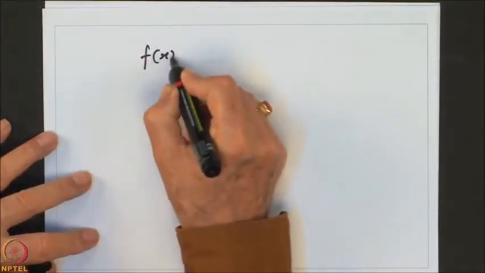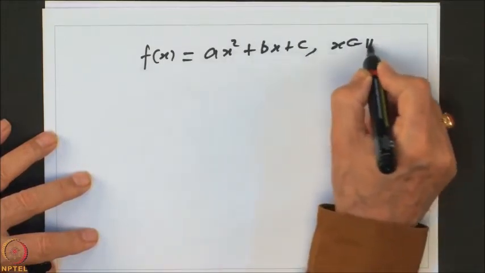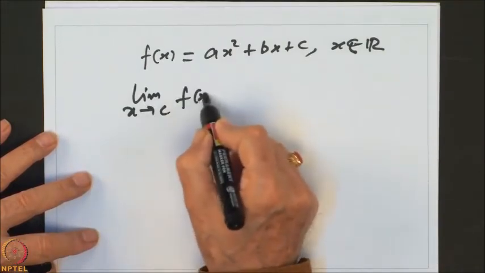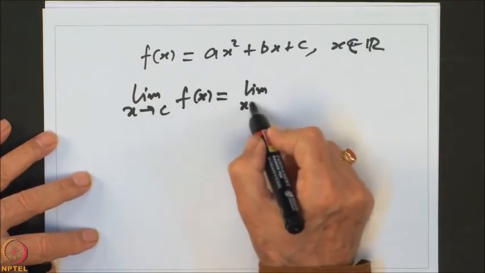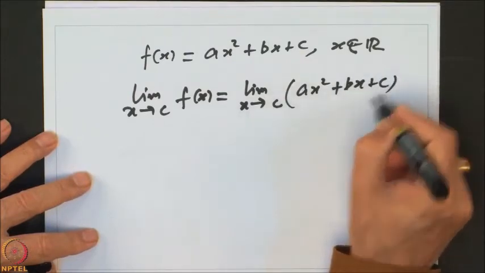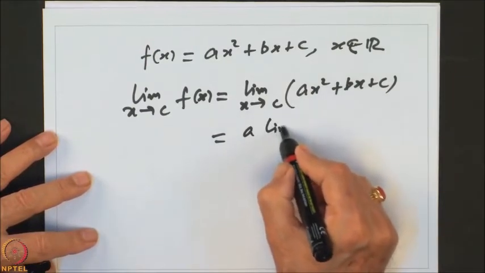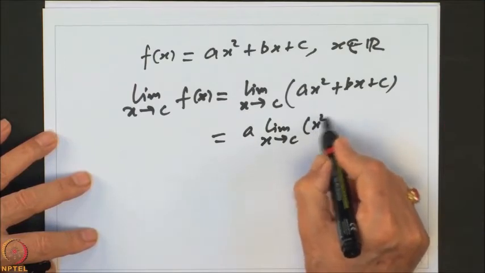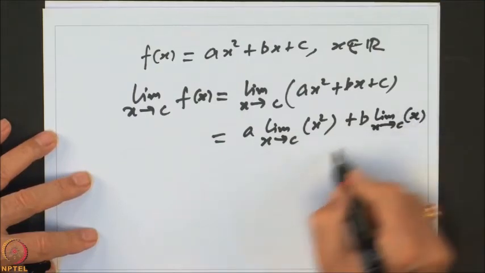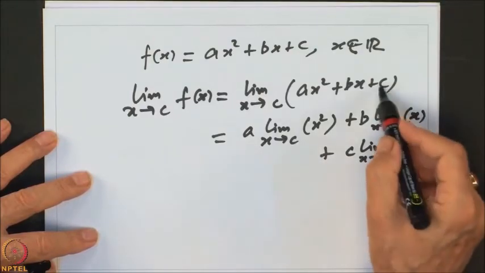So, f(x) equal to ax² + bx + c, x belonging to R. Then the limit as x goes to c of f(x) will be equal to the limit of ax² + bx + c, and now we can apply the algebra of limits, that is a times the limit of x² plus b times the limit of x plus c times the limit of, okay, this is a confusion.